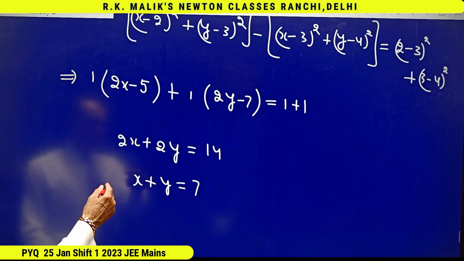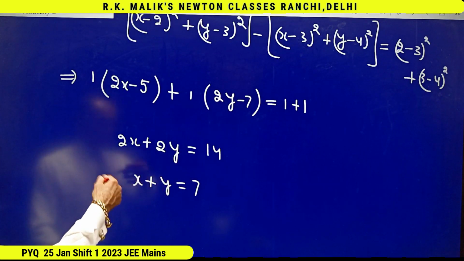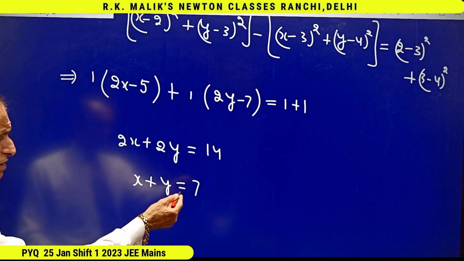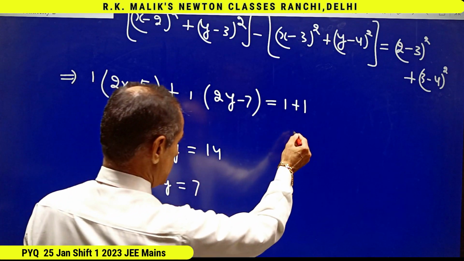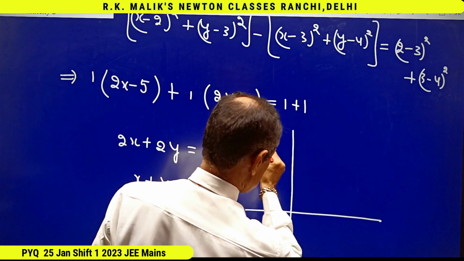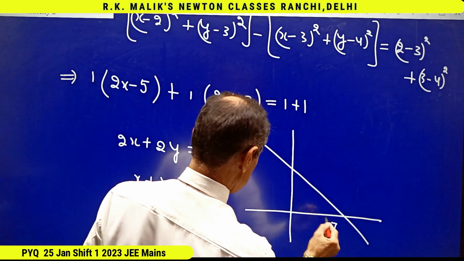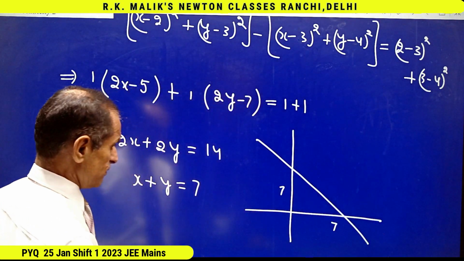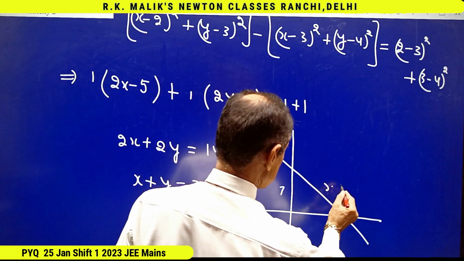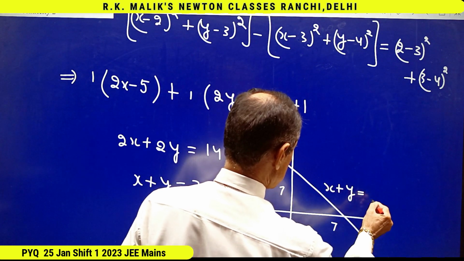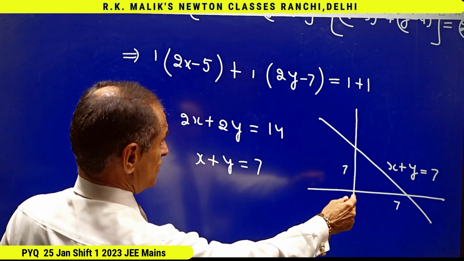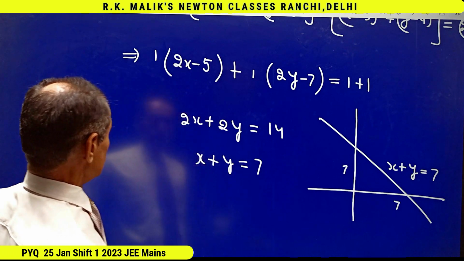That is, the point (x, y) satisfies this condition, and clearly this is the equation of a line. This length is 7 and this length is also 7, and x intercept is 7, y intercept is 7.